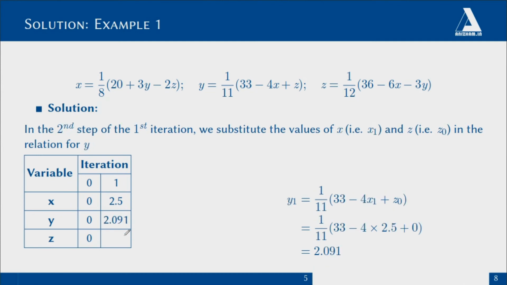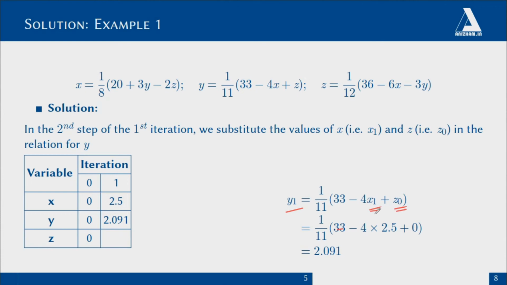Now in the second step of the first iteration, we find out the value of y1. The equation for y is 1 by 11, 33 minus 4x plus z. So here the x should be x1 and z should be z0.